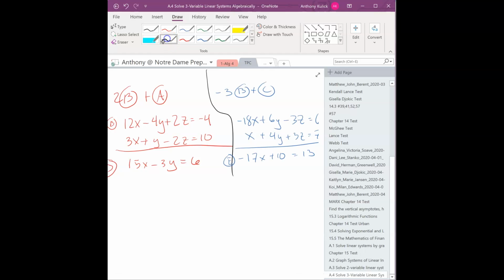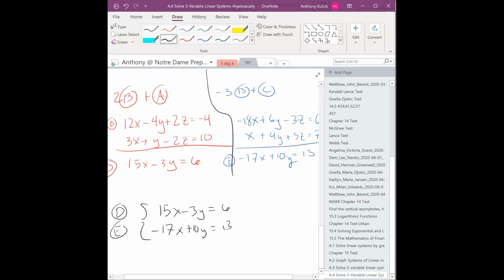What I have now is a new system of 2 equations. Oops, I got my y over here. So using equations D and E, now I can either do a substitution or an elimination, it doesn't really matter which, to solve this 2-variable system.